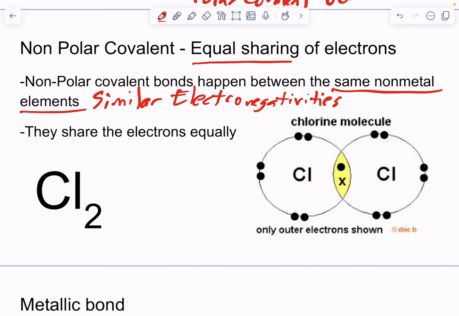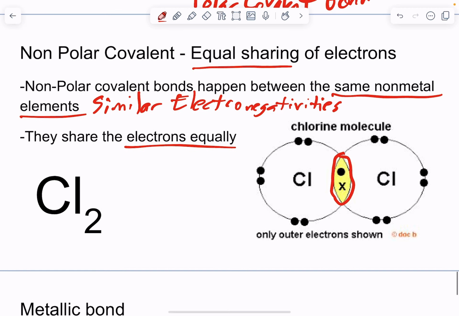If they have similar electronegativities, especially if they are the same elements, they will share equally, which means I don't have a dipole. These electrons are shared directly between each other, and there is no positive or negative side on that molecule, but rather equal sharing throughout. So this is a nonpolar covalent bond.